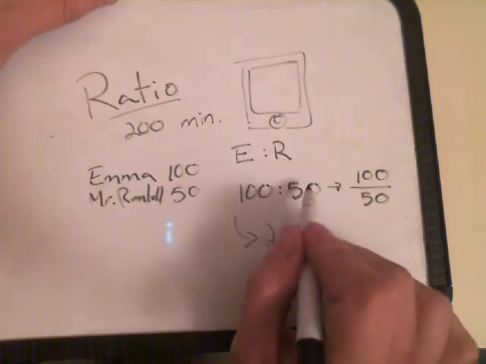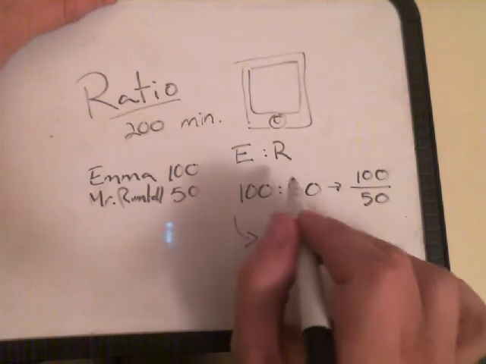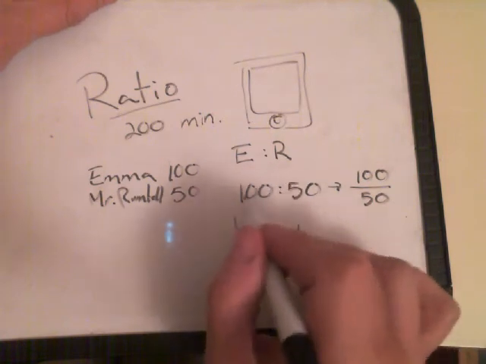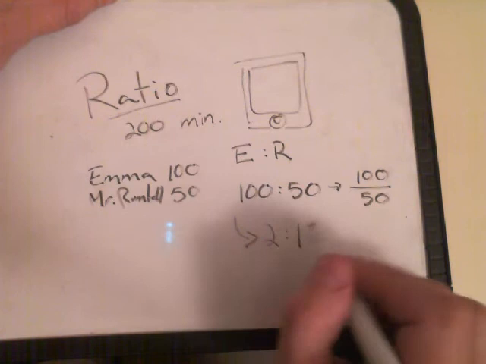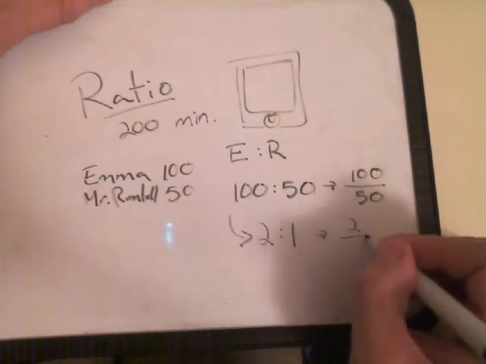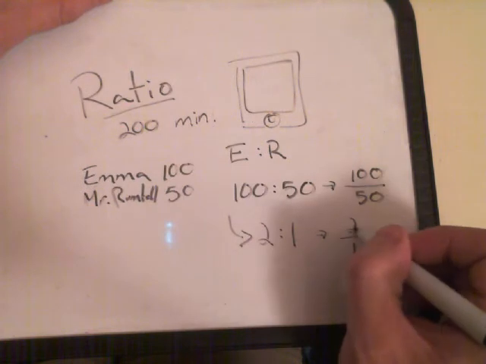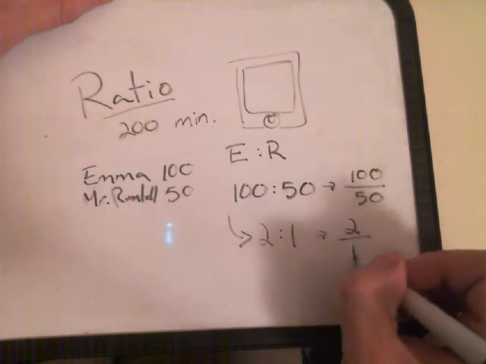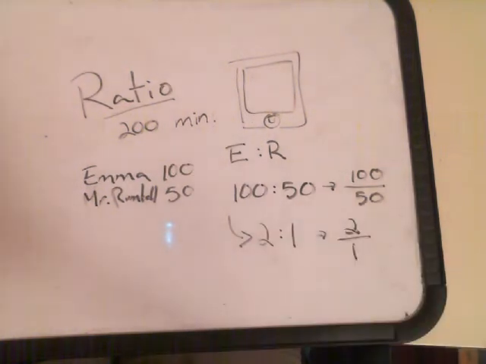I can divide both sides by a common factor, which is 50, and I get 2 to 1. And I could also express that as a fraction with 2 over 1. And so if someone said, hey, Mr.